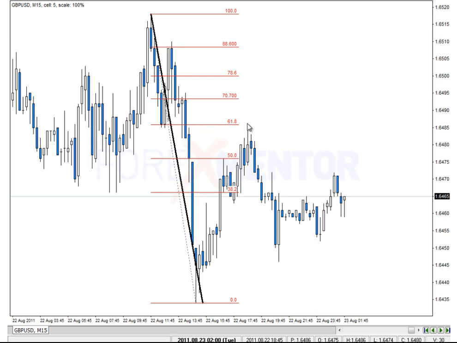So when price rallies up or retraces to a 62% fib level and then comes back off it, you want to start thinking about the possibility of either a Gartley or a crab pattern.